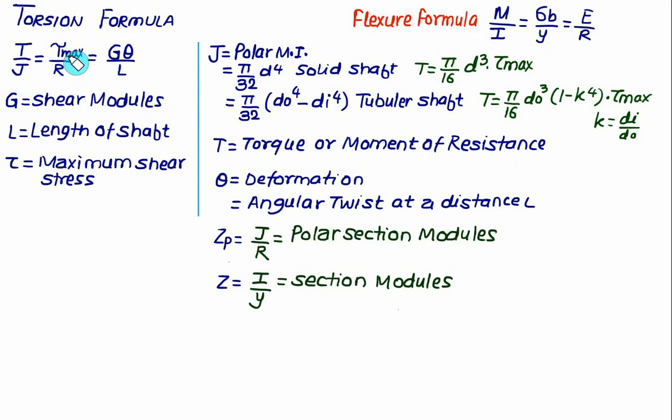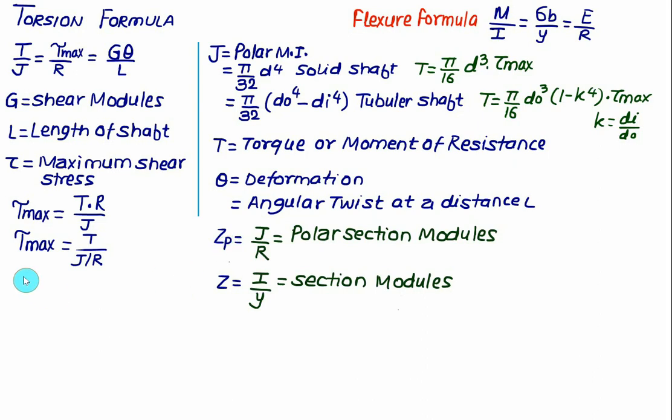The maximum shear stress is given as torque multiplied by r divided by J, which can be rewritten with J by r in the denominator. So tau max, the maximum shear stress when subjected to torque T, is T divided by J by r, and this J by r we can replace with the polar section modulus.